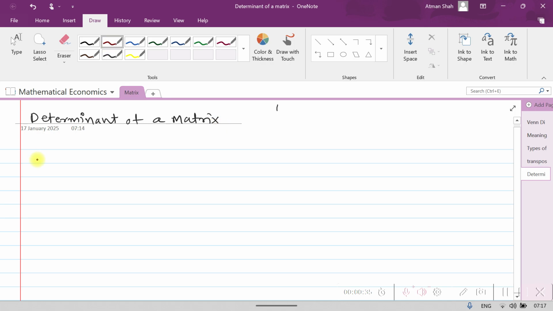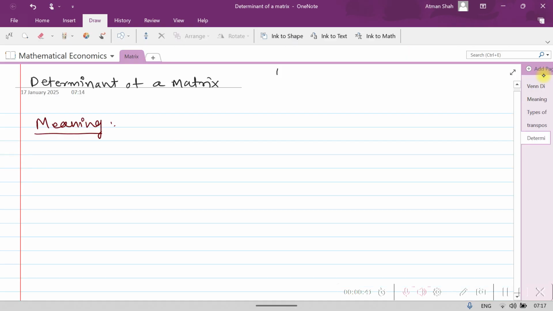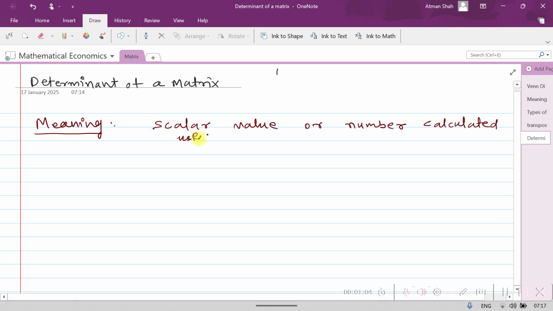Let's start with the meaning of determinant. So the determinant of a matrix is the scalar value or number calculated using a square matrix.